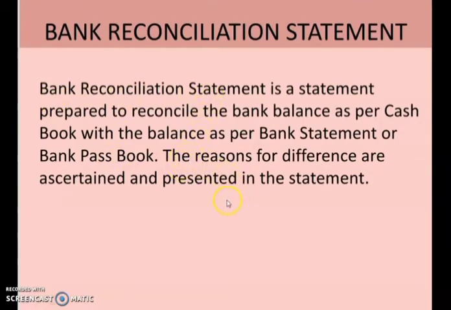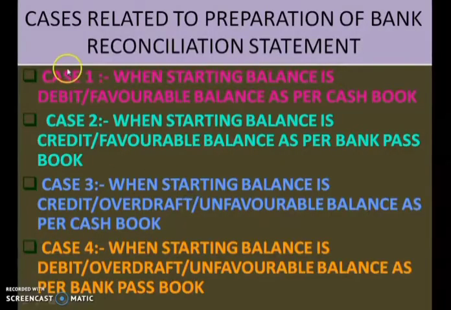In our previous class, we saw the different reasons for the difference between the cash book and the passbook. Now let us do some problems for a better understanding of this bank reconciliation statement. Before that, let me tell you, there are some cases related to preparation of bank reconciliation statement. There are 4 cases which we have to do one by one.